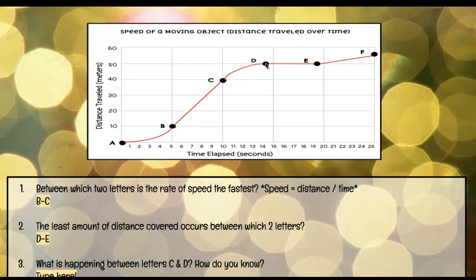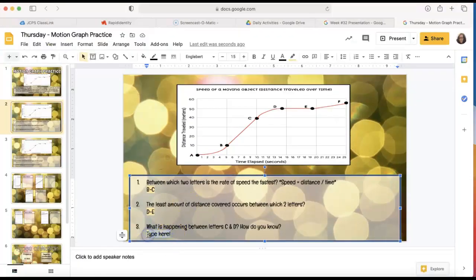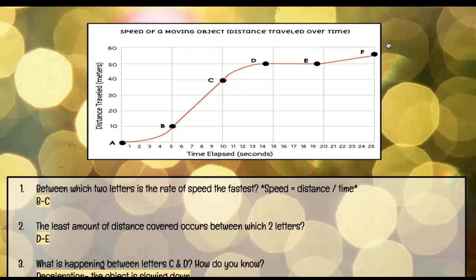That's what we see between C and D, because the distance the object is going is starting to diminish, right? So from C to D, we see deceleration or negative acceleration. The object is slowing down. So those are your answers for the first 3.